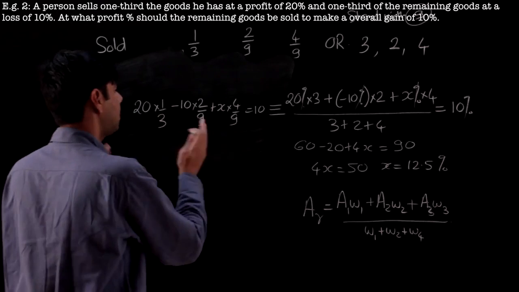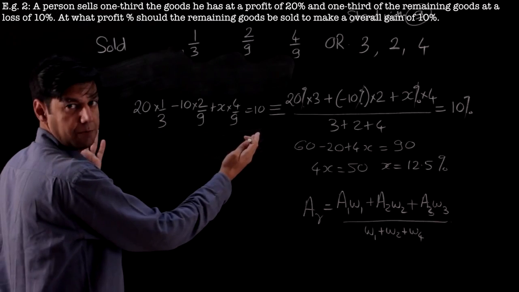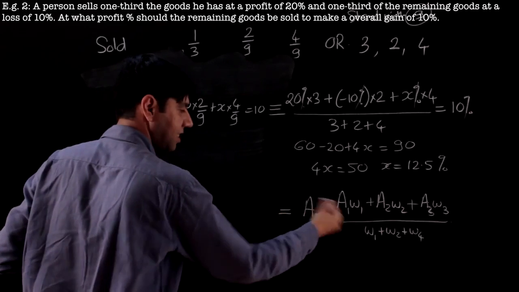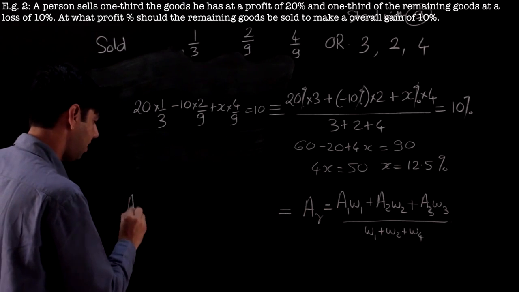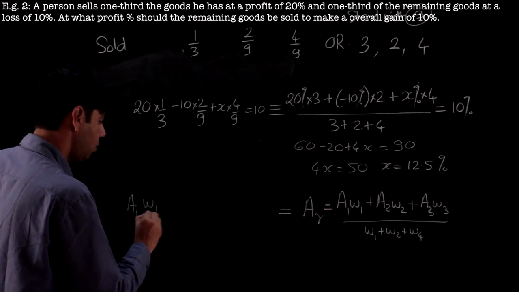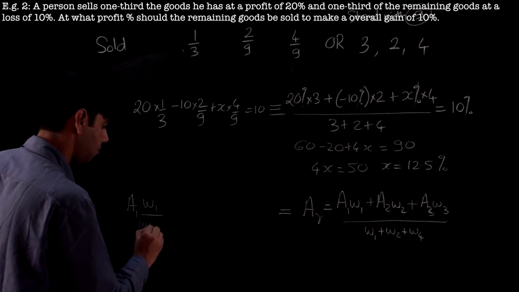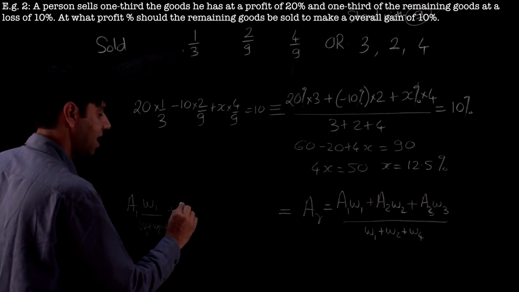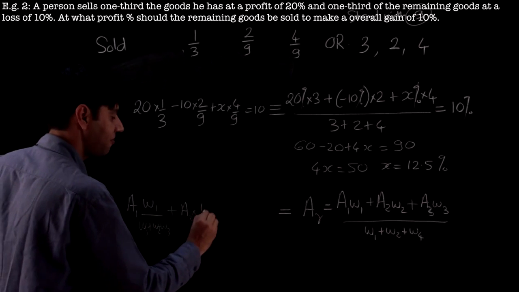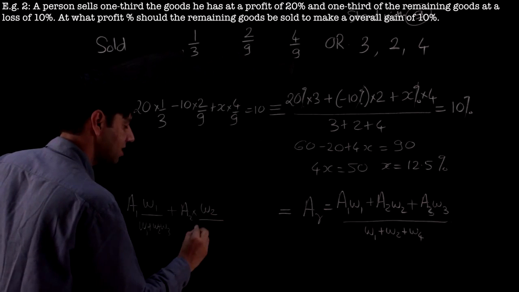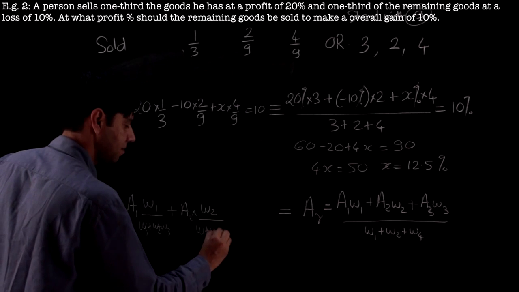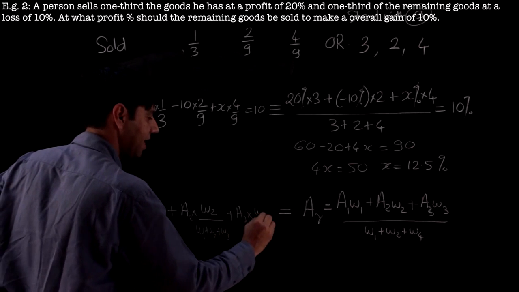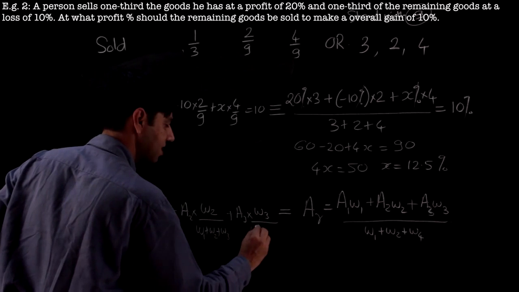So please don't look at this question and say where has the denominator vanished. Or else, if I want to write it in a formula way, the same formula I could have written as A1 into weight 1 over sum of weights, plus A2 into the fractional weight 2 over sum of weights, plus A3 into weight 3 over the sum of weights, right?